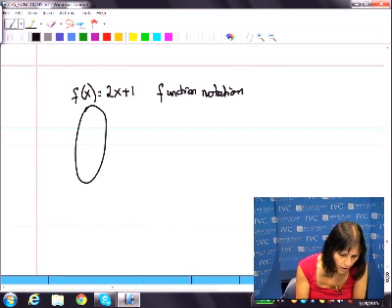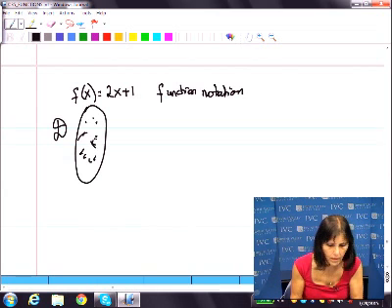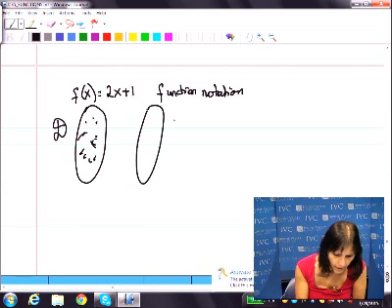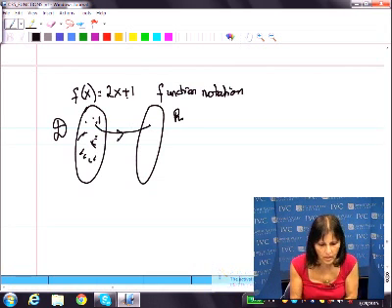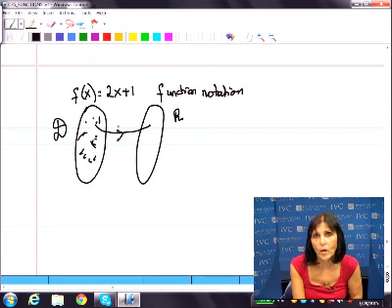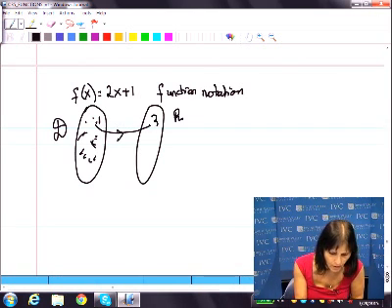Think of a domain of all possible numbers in here. And the range, for example, 1, where will 1 go with that function? That function is going to take 1 and multiply by 2 and add 1. 2 times 1, 2, plus 1, 3.